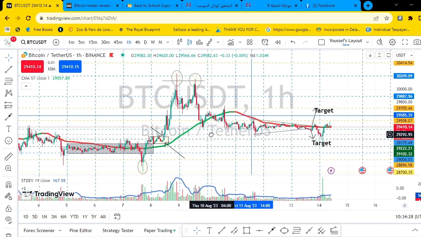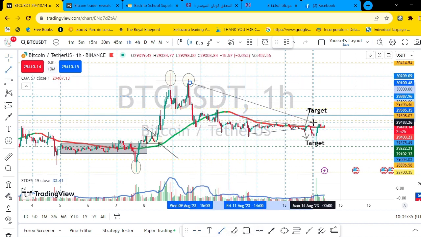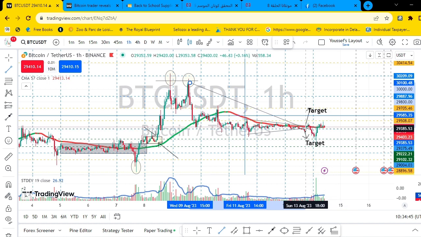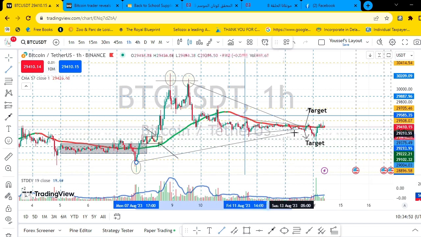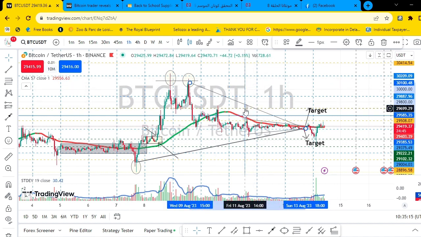So here we can do something like this. Since our trade or analysis started from this area, this level yesterday, you can check that on my other video and see how I talked about the price being at that level and expecting it to go lower.